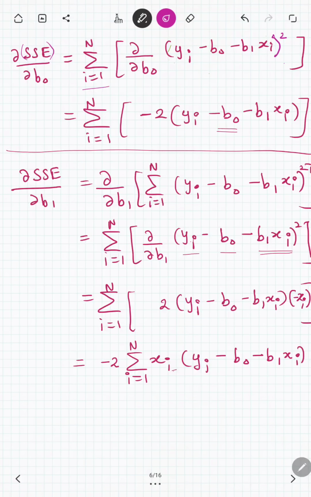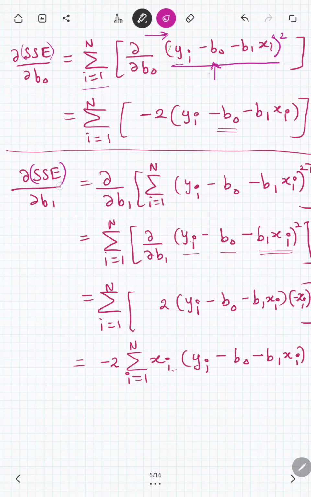So firstly, this is a square of something, so it will be 2 multiplied by that thing. Then you go inside. Now when you are differentiating with respect to b0, yi and b1 and xi, all of them are going to be constants. So the only term which can be differentiated, which is the variable, is this particular term. The coefficient is -1, so there will be a -1 multiplied by the 2 because of the square, so -2 into this. So this will be the derivative of the sum of squared errors with respect to b0.